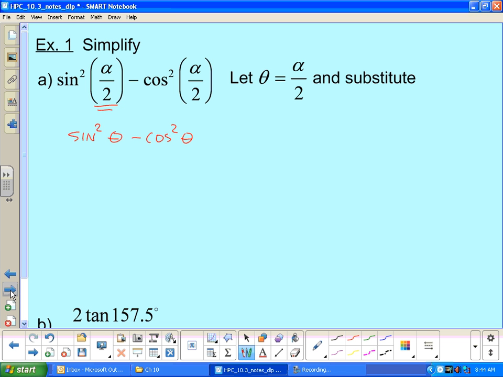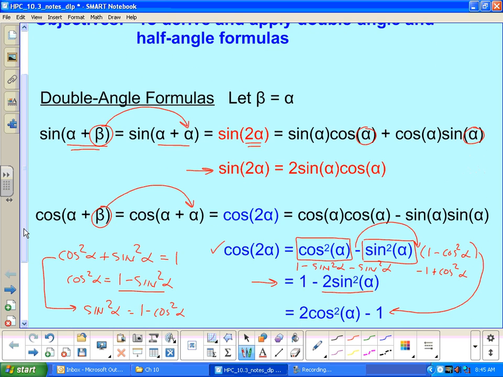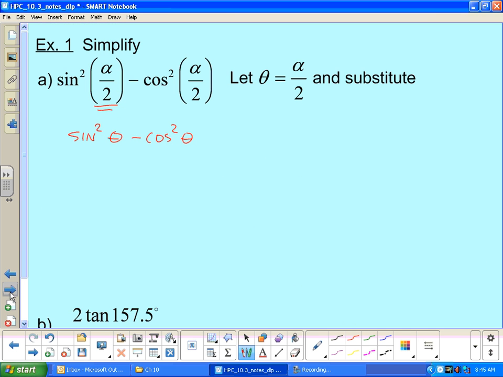And this actually is the opposite of what we want. For our cosine, we want cosine squared minus sine squared. So we are just going to factor a negative 1 out of this.